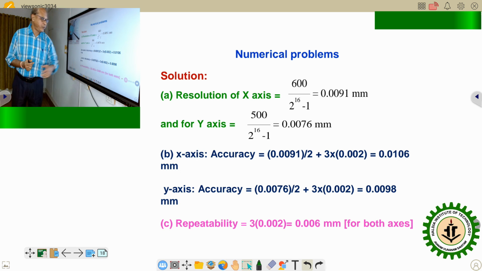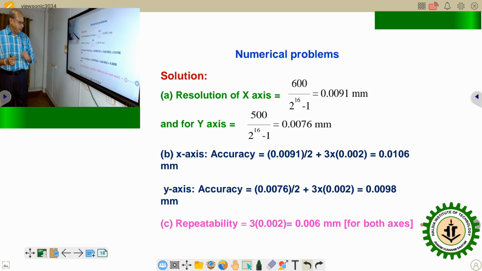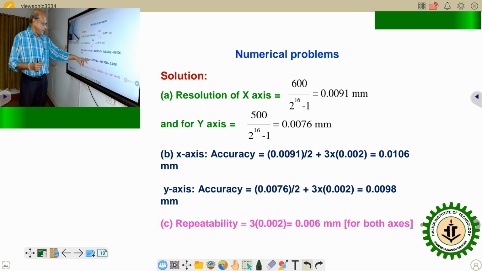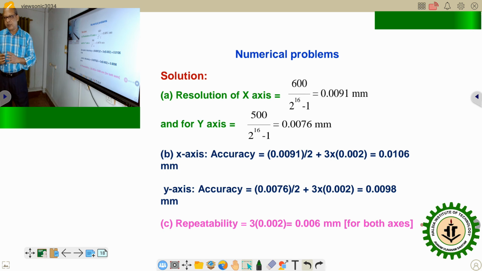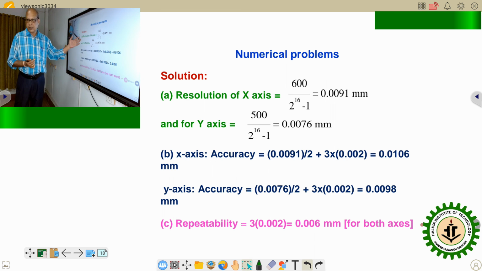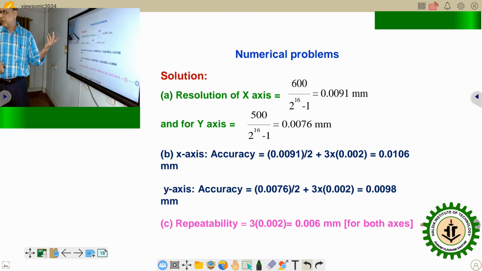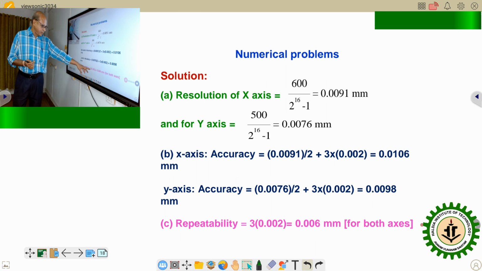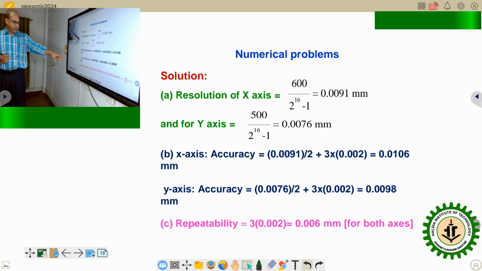This will give us 0.0106 millimeter. Similarly for the y-axis it is 0.0076 by 2 plus 3 multiplied by 0.002, that is 0.0098 millimeter. And repeatability does not depend on the resolution, it is purely statistical. So in this case you take 3 into 0.002, and it is the same for both axes.